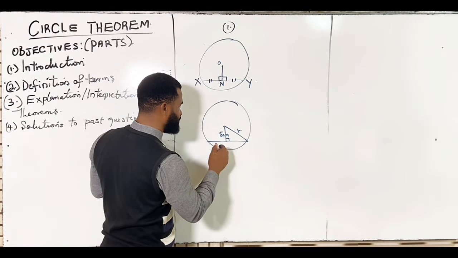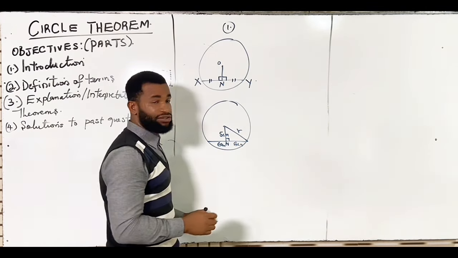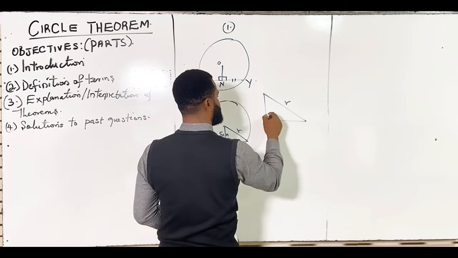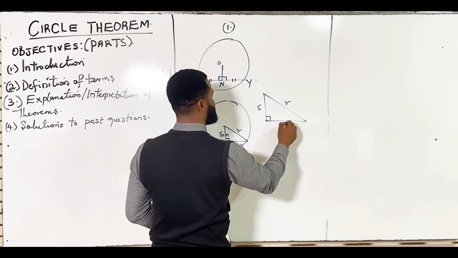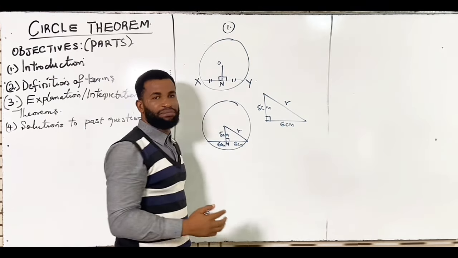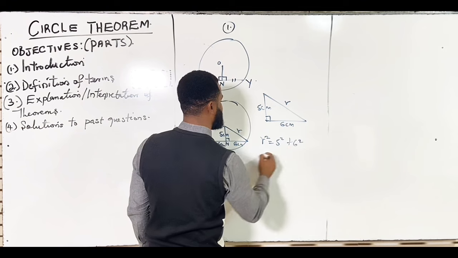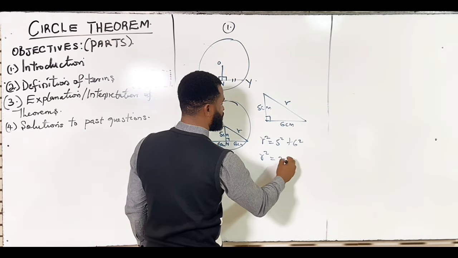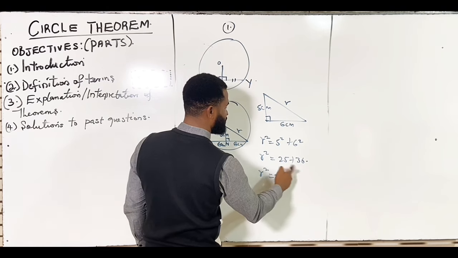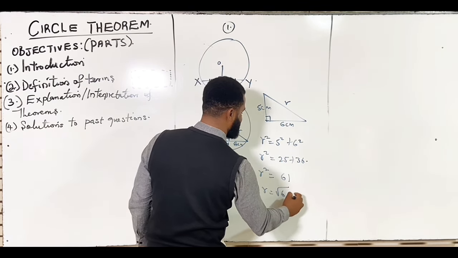So this place is going to be 6, this is going to be 6 cm. So what should I do? I will apply Pythagoras theorem. This is unknown, this is 5, and this is 6 cm. So r squared is equal to 5 squared plus 6 squared. r squared is equal to 25 plus 36. So r squared is equal to 61. r is going to be square root of 61 cm.